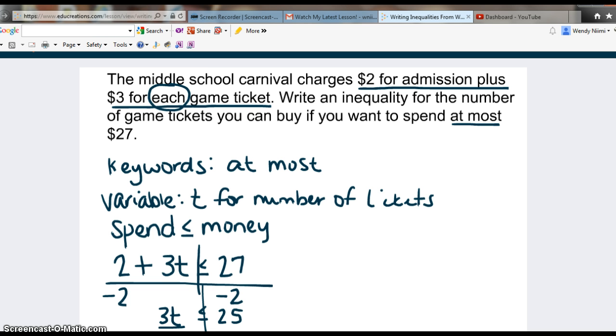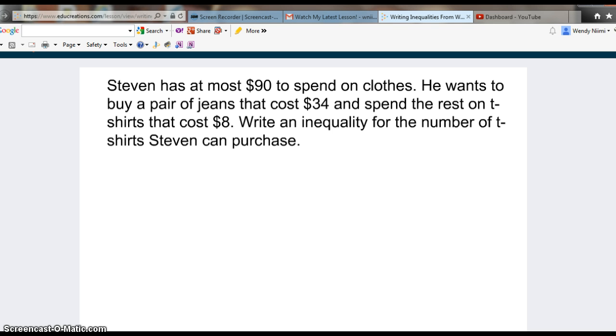Next, we're going to divide both sides by 3. 25 divided by 3. So t has to be less than or equal to 8.33 repeating. But we all know we can't purchase a partial ticket, so the number of tickets t is less than or equal to 8 in order to stay within the amount of money.